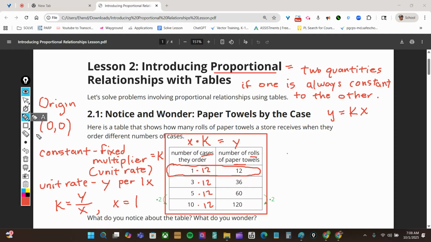The best way that I can think of to make sense of this transition is to keep in mind that we're basically moving to a graph. You're moving from a simple multiplication, 1 times 12 equals 12, to looking at the entire group of data. So now you have variables and equations, the y, the k, and the x.